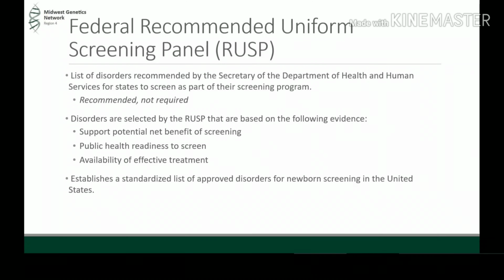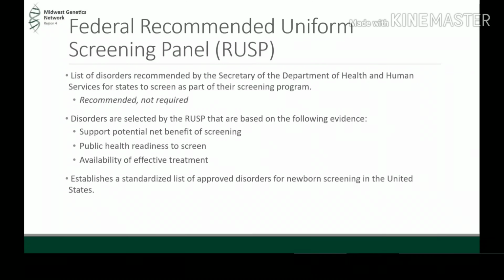This group also outlined a process of standardization and evaluation guidelines for future additions to state screening panels. So this list of disorders that the ACMG and HRSA put together is known as the Recommended Uniform Screening Panel, or more commonly the RUSP.